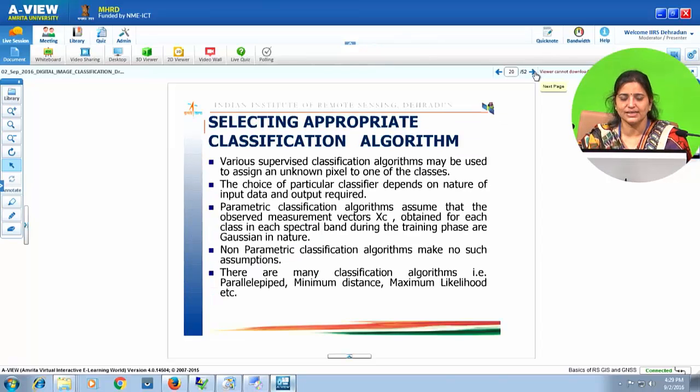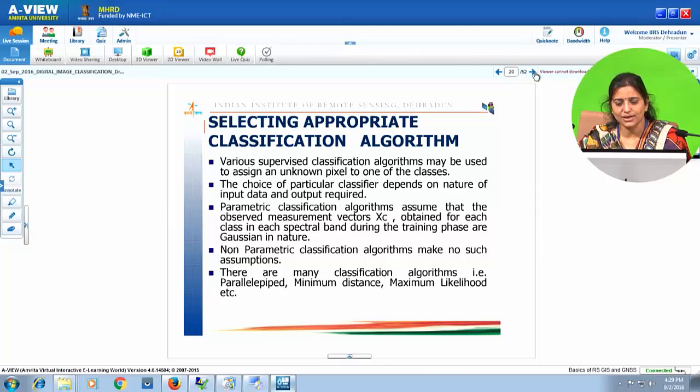Once we have finalized our signatures, the next step is to select the appropriate classification algorithm. There are various supervised algorithms which may be used to assign an unknown pixel to one of the classes. The choice of a particular classifier depends on the nature of the input data and the output that is required.